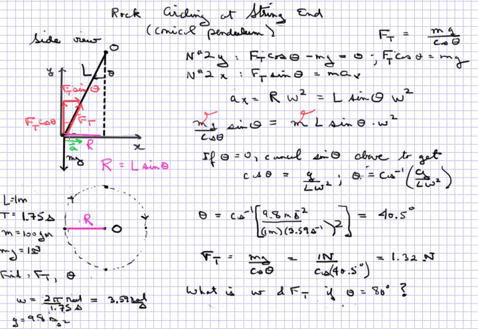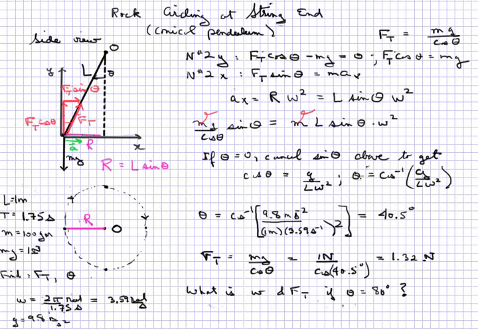I'm going to break the string tension up into a vertical component, which is Ft cosine theta, theta being the angle of the string from the vertical. The angle of the string from the vertical here is the same as the angle of the string from the vertical here, and therefore the vertical component of the string tension is Ft cosine theta. The horizontal component is Ft sine theta.